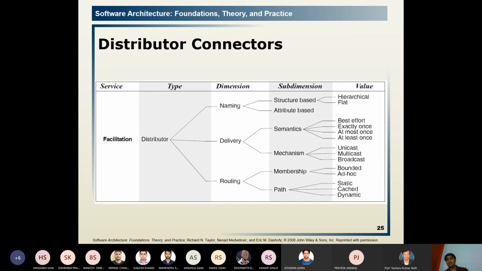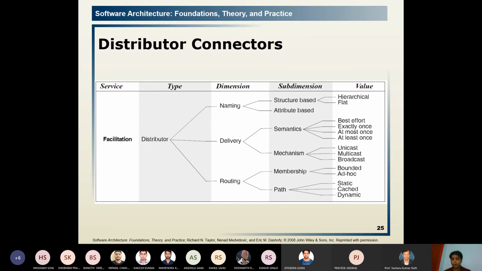But dynamically, if between R1 and R2 there is some congestion or some breakage of link, you can also follow another path. Then another one is cached. You have to follow the previous history. The previous path you have to follow, you will move with the IP address. You should have the IP address. This is the routing part.